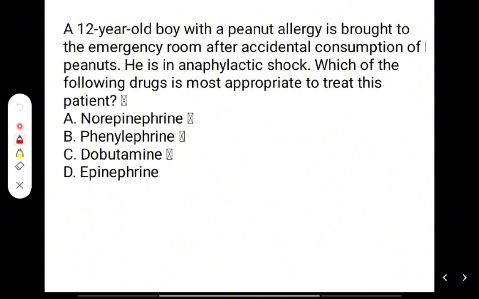A 12-year-old boy with a peanut allergy is brought to emergency room after accidental consumption of peanuts. He is in anaphylactic shock. Which of the following drug is most appropriate to treat the patient? Now, norepinephrine has more alpha agonist effects, alpha 1, alpha 2, and also beta 1. Epinephrine has more beta agonist activity.